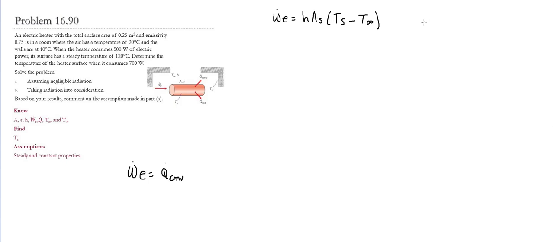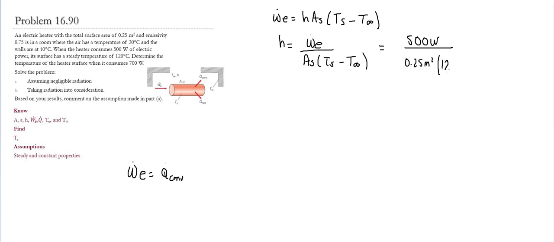So the first thing that we're going to do is solve for h using the values. So h is going to be equal to the electrical power over the surface area times Ts minus T infinity. Once again, notice for these values, we're going to use the 500 watts that were provided, the surface area, and the temperature that corresponds to that electrical power, which is 120 Celsius.